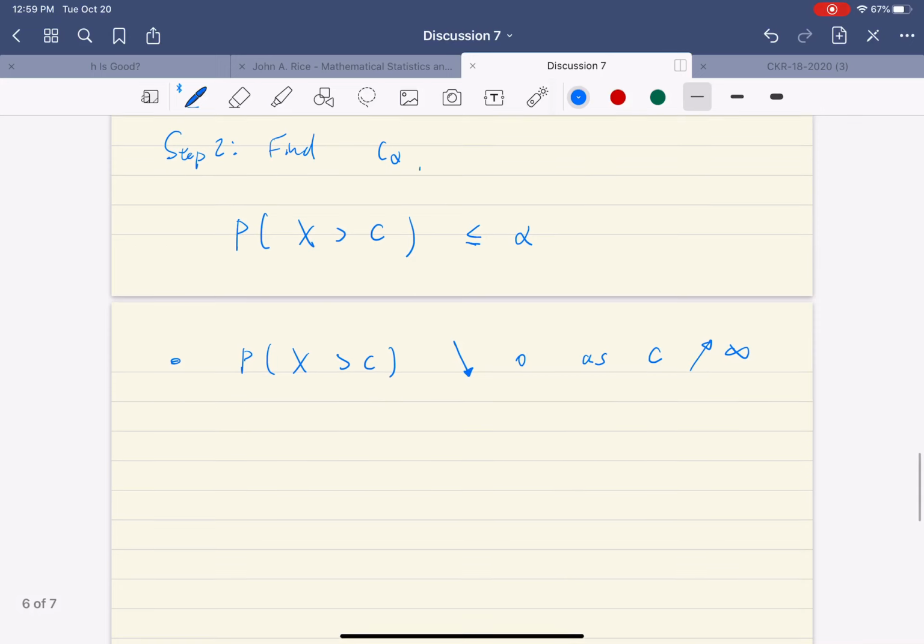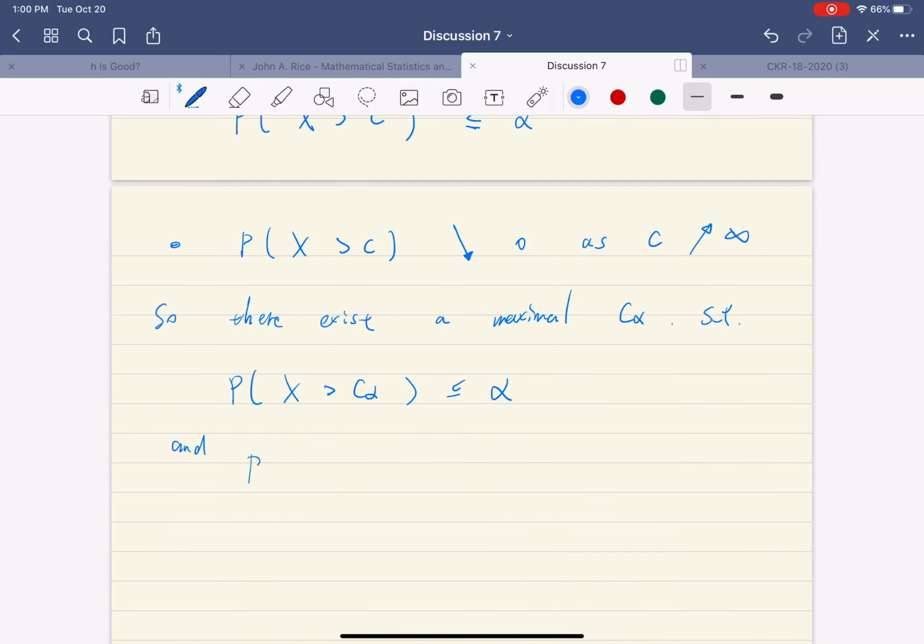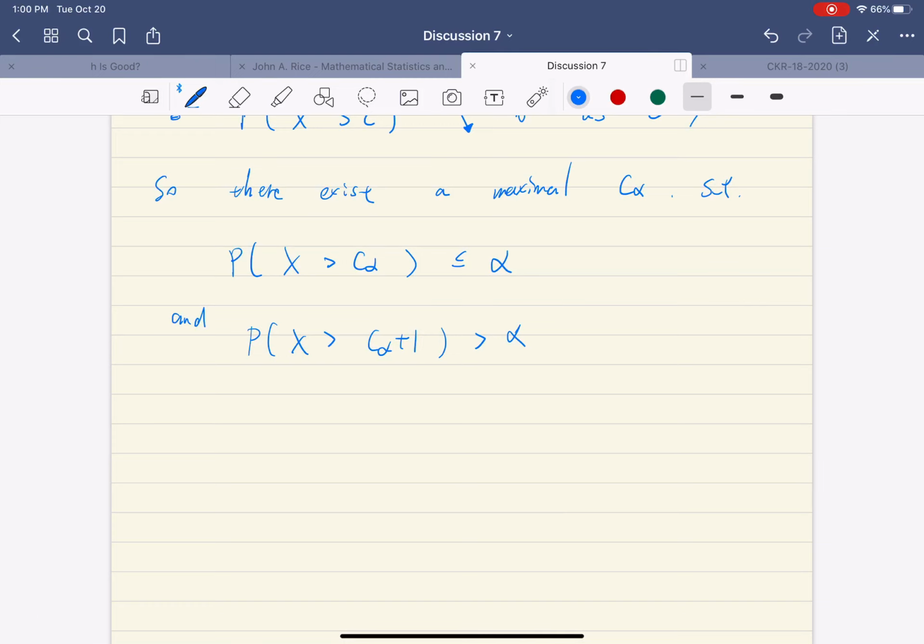So we take the maximum c alpha such that the probability is not greater than alpha, and then we let this c alpha be our rejection region.